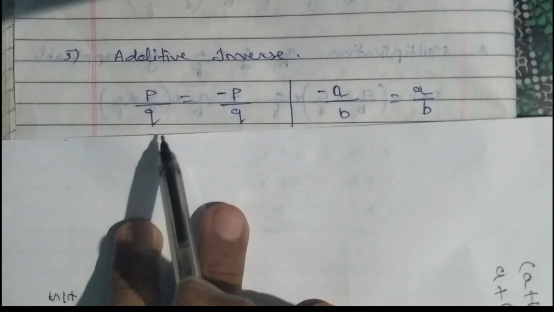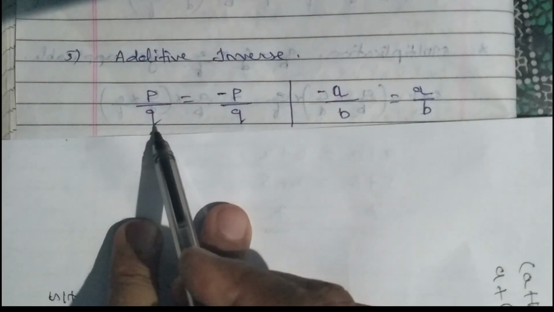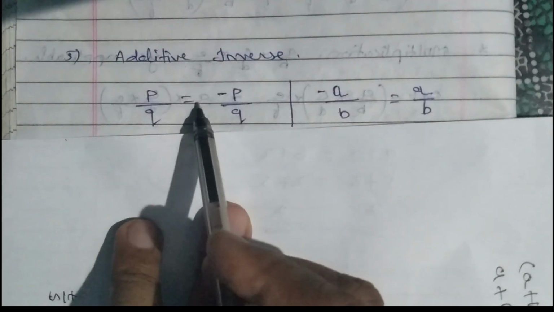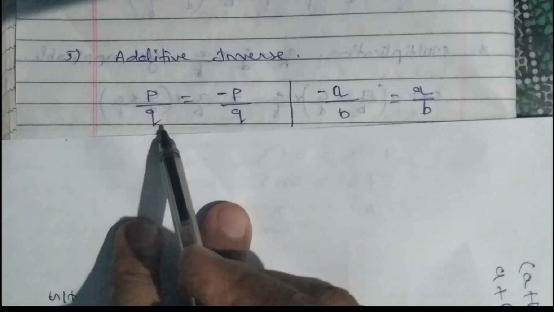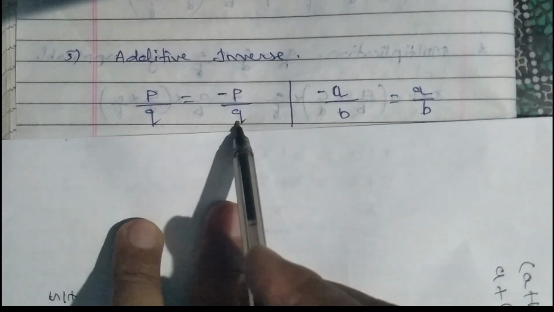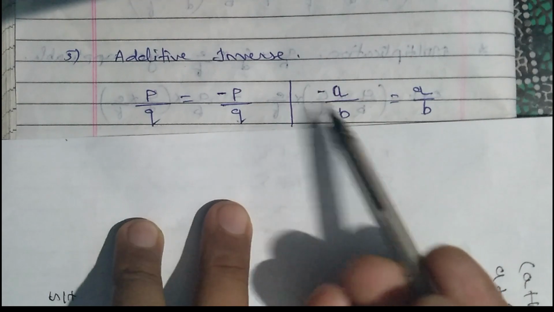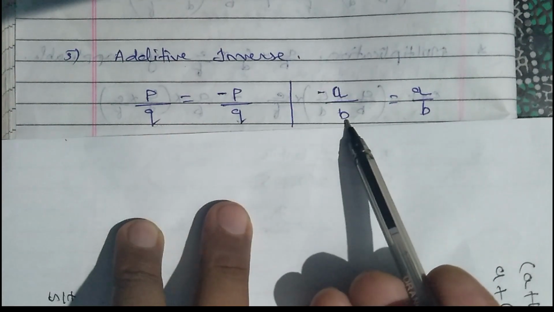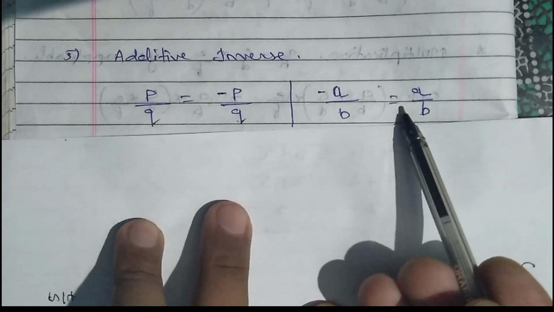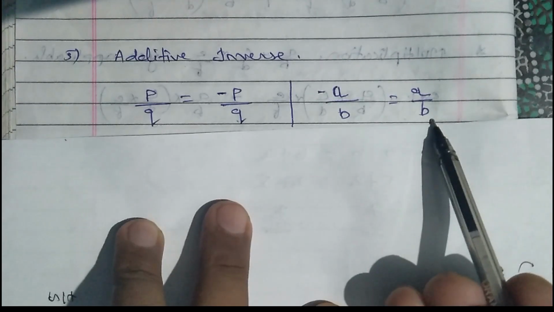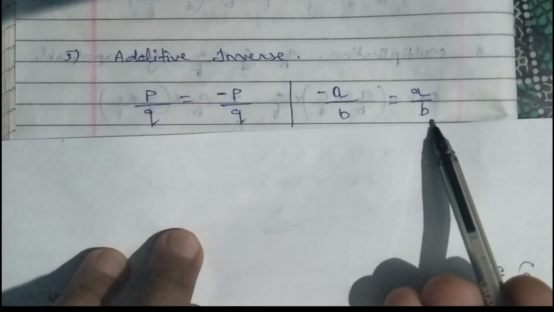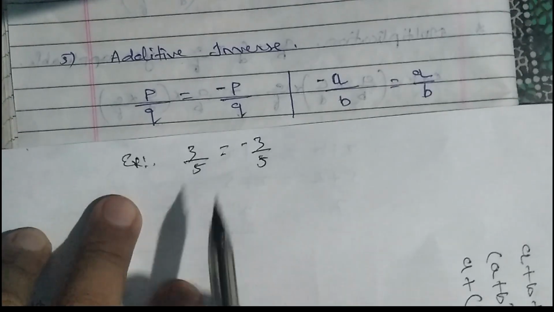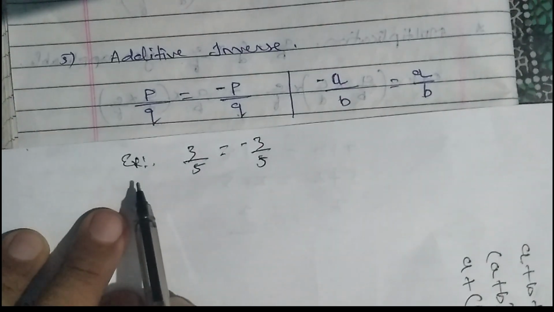Let's see with an example. If I say P upon Q, what will be the additive inverse of P upon Q? That is minus P upon Q. In the same way, minus A upon B, what will be the additive inverse of it? It is equal to A upon B. Let's see another example.